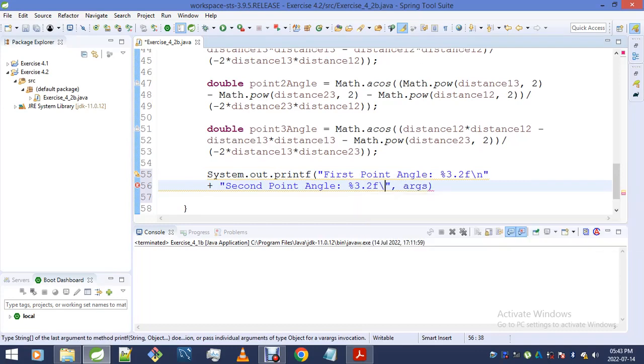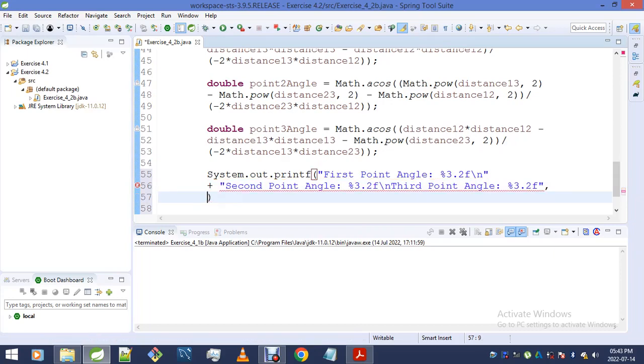Now finally, third point angle is given by that. Okay, now what I want to do is to simply put point one angle, point two angle.